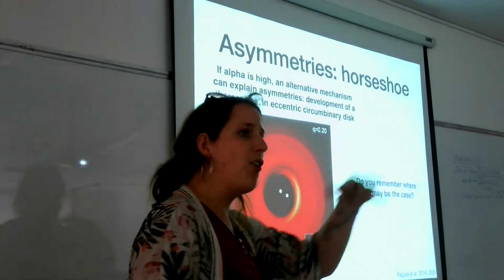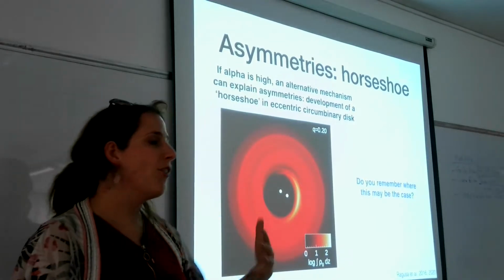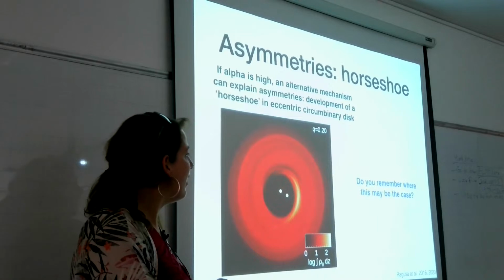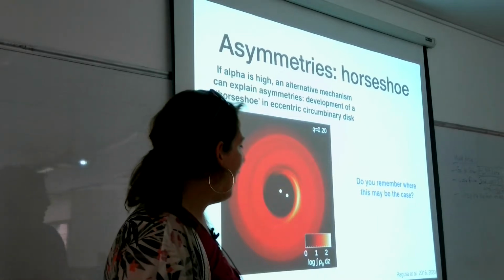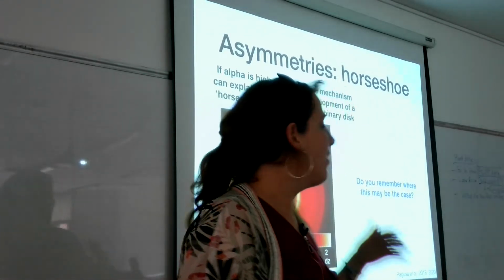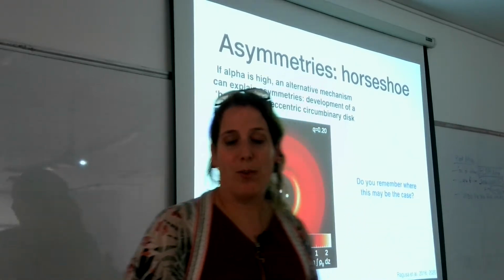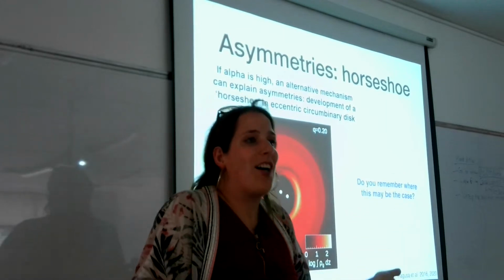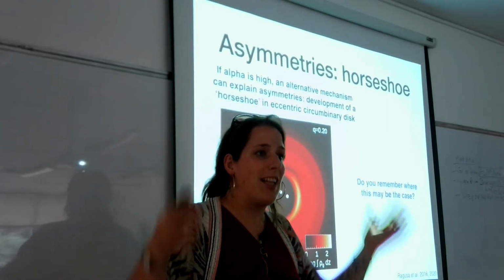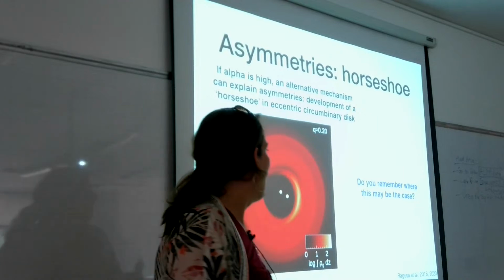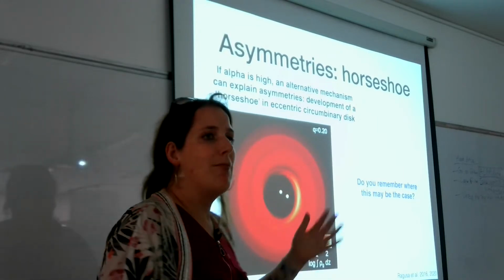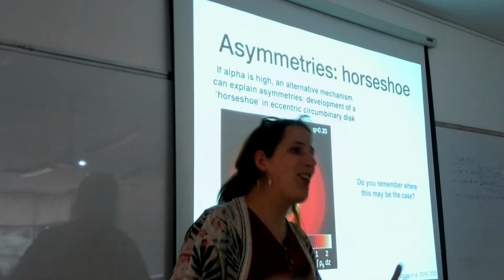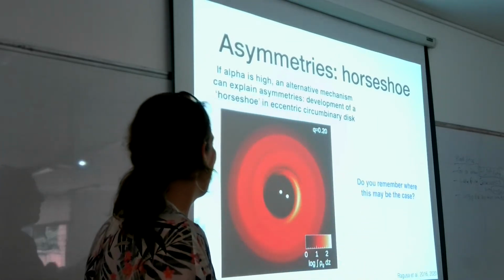So this is also an overdensity in the gas, but it's not as a result of an instability. It's simply due to the eccentricity of the disk. And in that case, this scenario would also work with alpha 10 to the minus 2. However, if all disks are alpha 10 to the minus 4 or lower, like essentially if the turbulence is really low in all disks, this may still happen, but it's not a requirement. So I just want to put this in a bit of historical context of why this was proposed at that time.